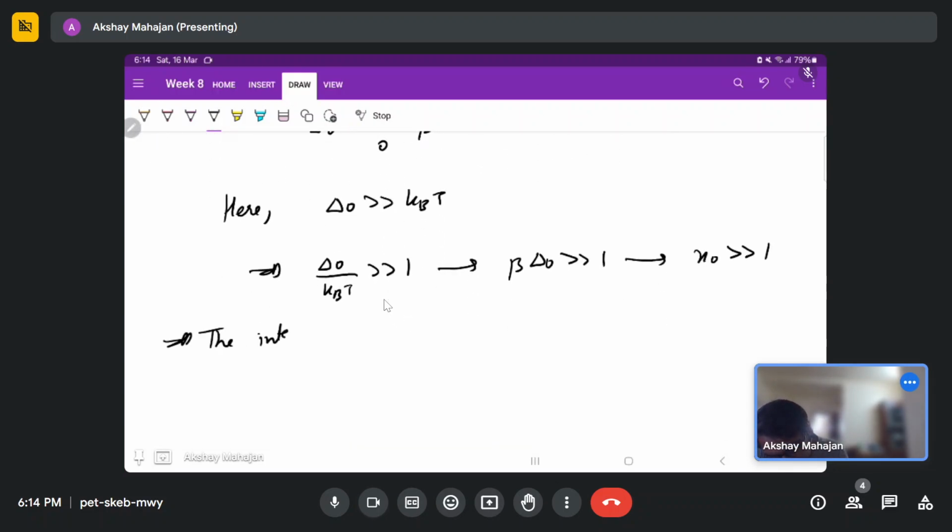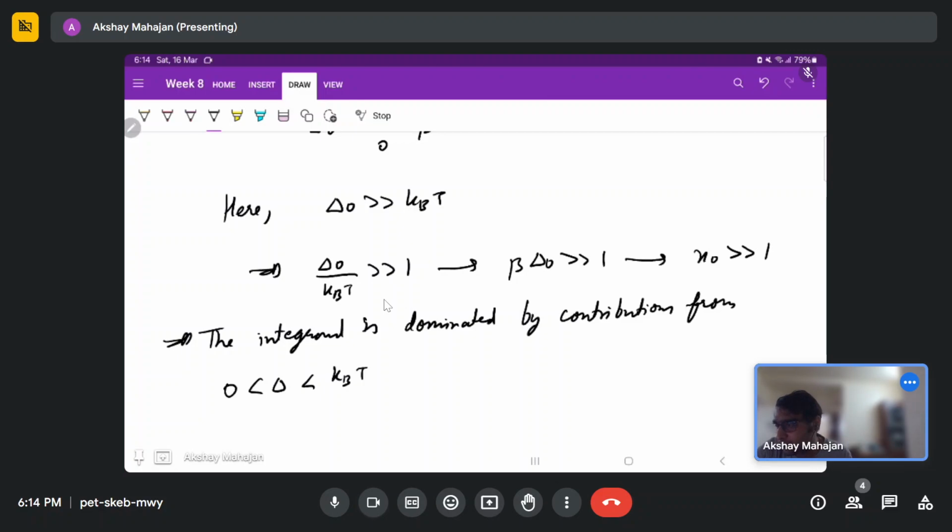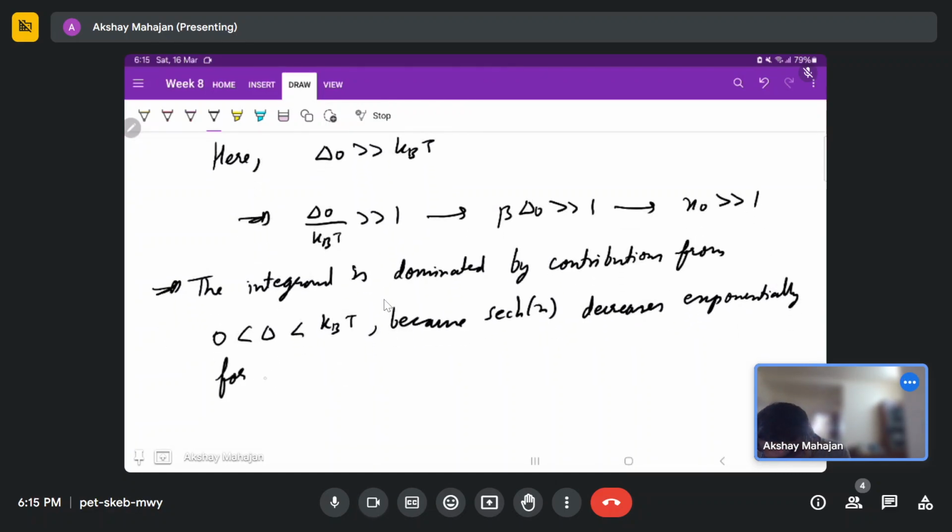The integrand is dominated by contributions from delta between 0 to about kBT, because sec hyperbolic x decreases exponentially for large values of x.